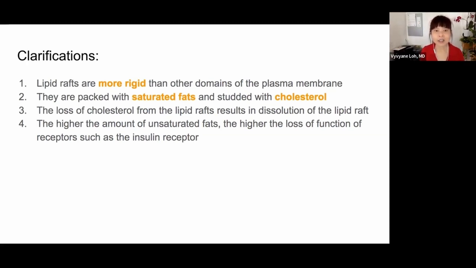And the higher the amount of unsaturated fats, the higher the loss of function of receptors, such as the insulin receptor. Okay, so again, I know that I do go on a little bit about some of my favorite topics, and I do really have a lot of interest in signaling and lipid rafts, but I think this is an important point to make.